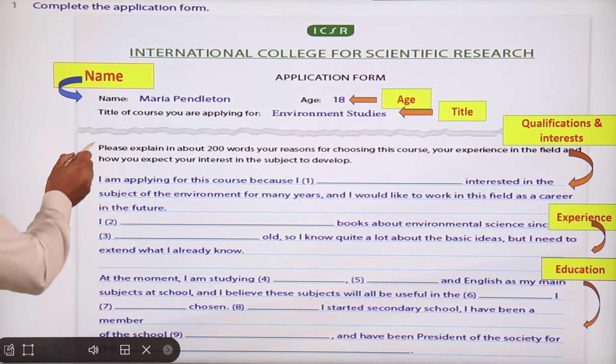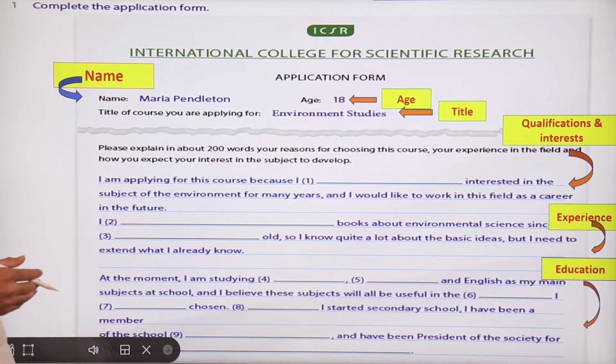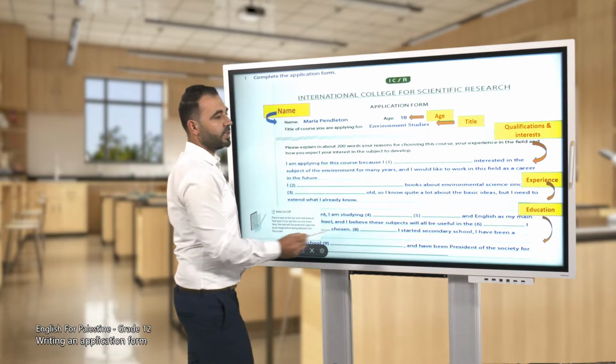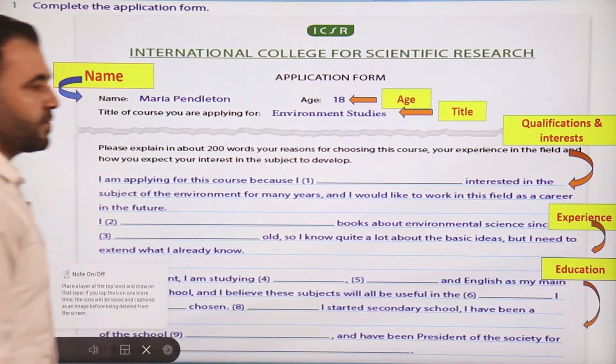This is the form of the question that you 12th graders will be asked in the exams. And by the way, this is for literary and commercial students. So after writing your name, your age, and title, now let's move to the qualifications and interests.